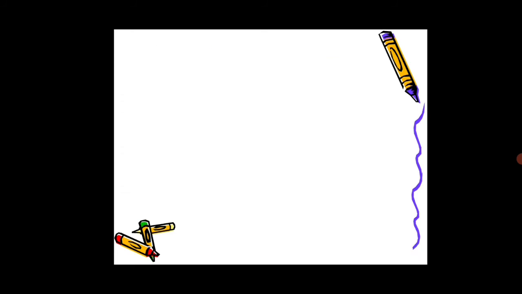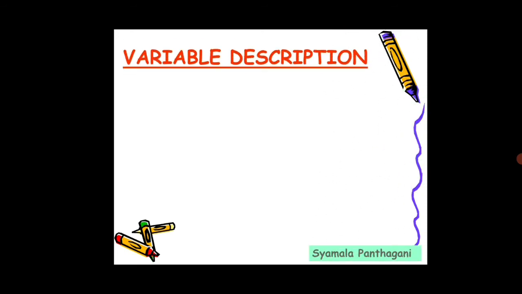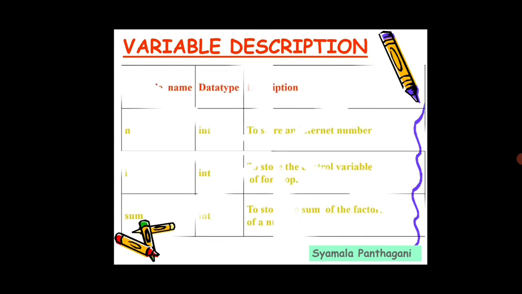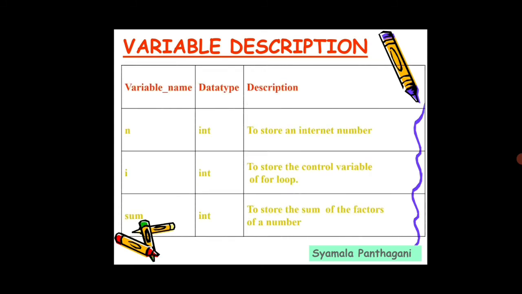Now come to the variable description. In this program, I have used 3 variables. n is an integer type data to store an integer, and i is an integer type data to store the control variable of the for loop, and sum is an integer type data to store the sum of the factors of the given number.